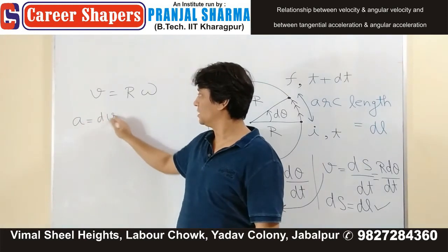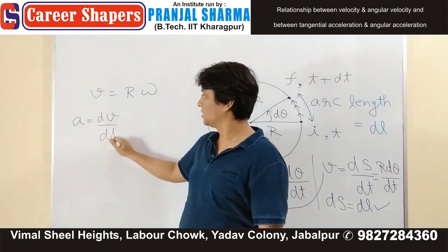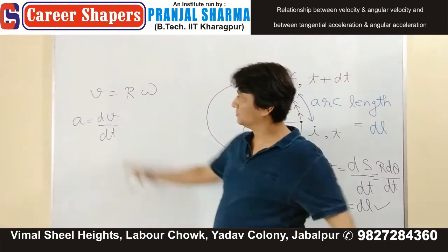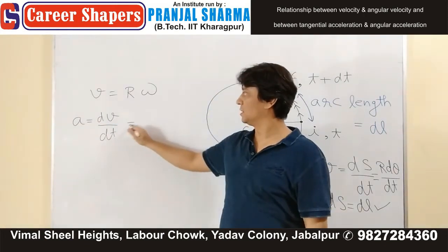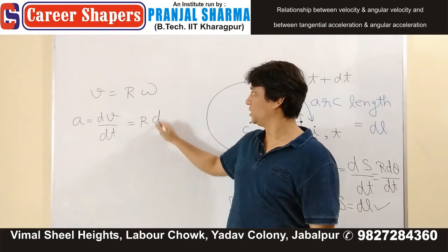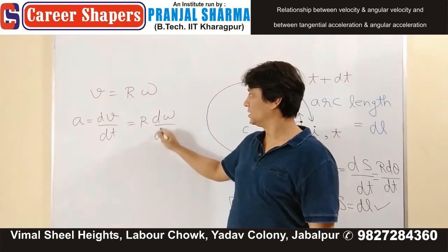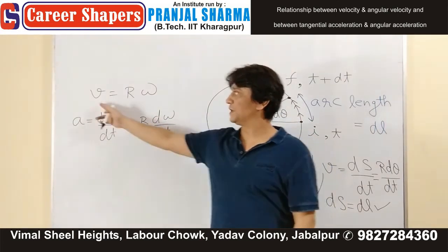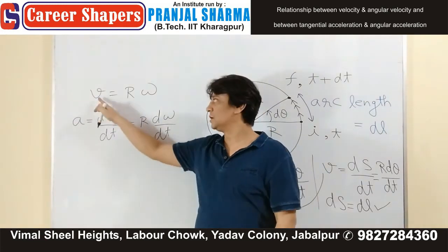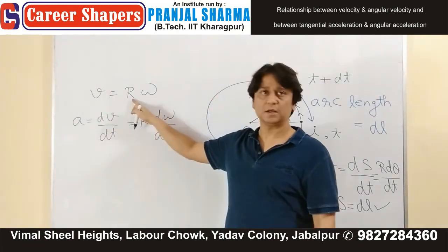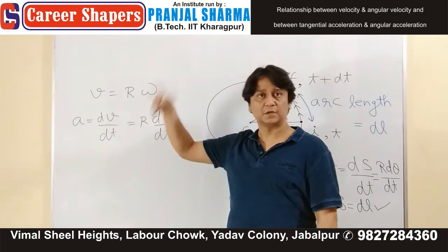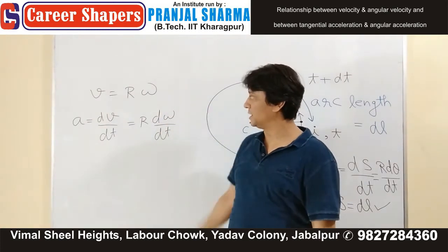dv by dt. What is dv by dt? R times d omega by dt. Differentiate this: dv by dt, R is a constant since it is moving in a circle, d omega by dt.